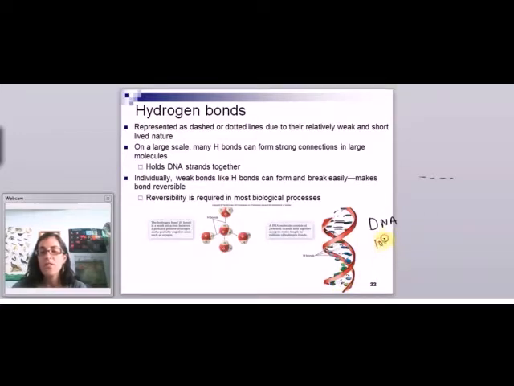So thousands of hydrogen bonds hold DNA together, and it actually makes DNA very, very stable. This is why it can be collected from crime scenes or from crime samples 50 years later, because it's so stable. In water, you have lots and lots of water molecules forming hydrogen bonds with each other, and this makes water extremely stable.